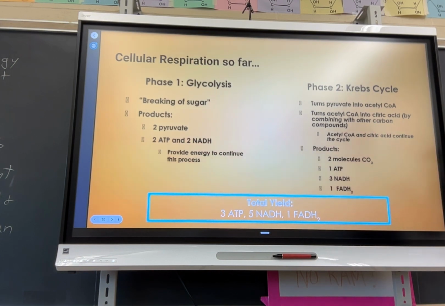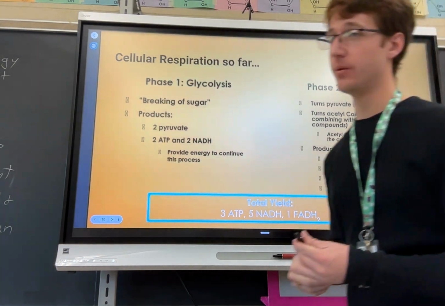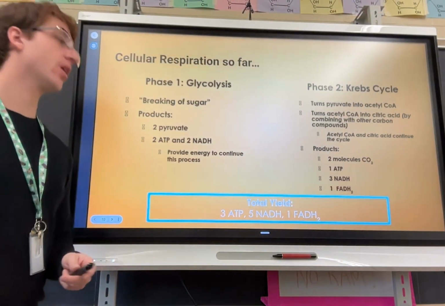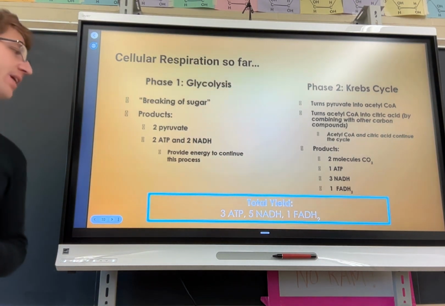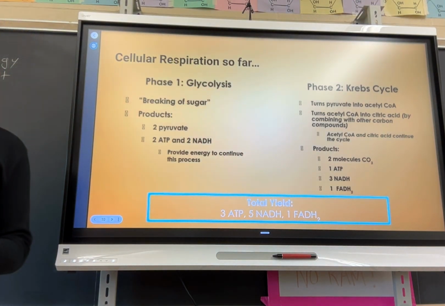So in total, we got a couple molecules of CO2, which again we said was a byproduct. We get a little bit of ATP, 1 to 2 molecules, 3 NADH, and 1 FADH2. So in total, we have made about 3 to 4 ATP, a bit of NADH, and 1 FADH2.